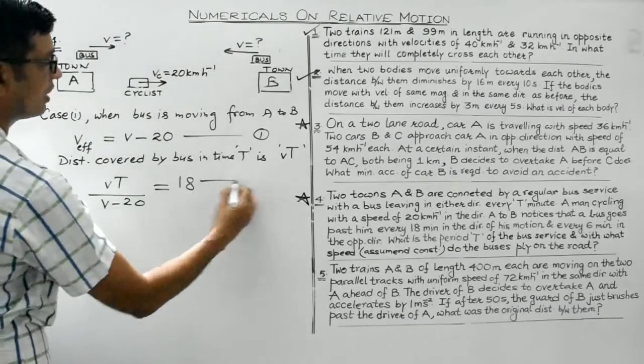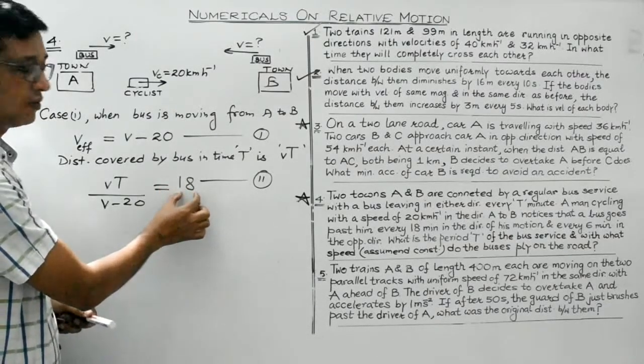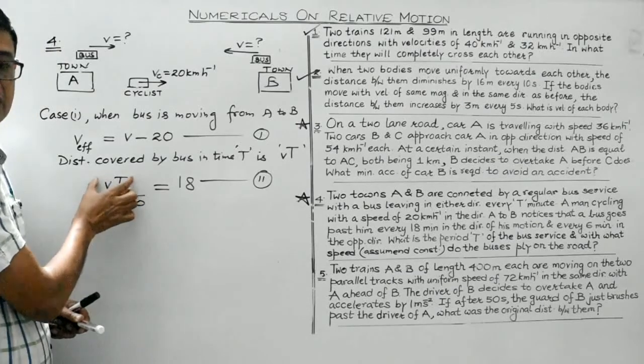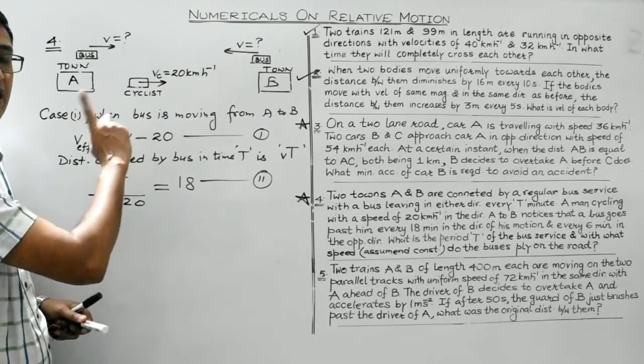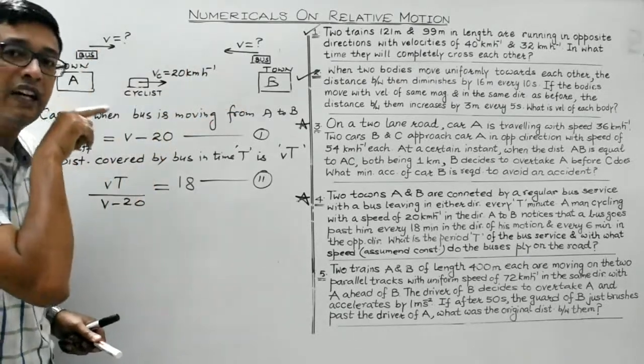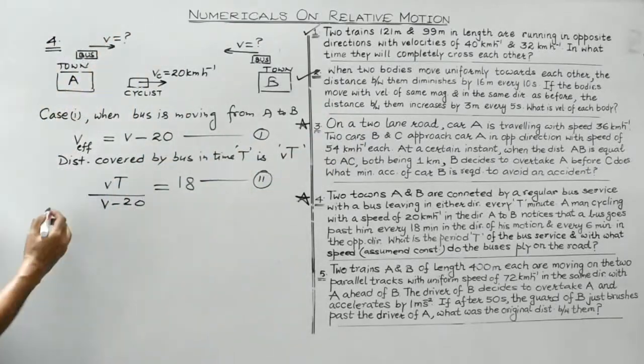So students, put this as equation number 2. I hope you have understood this concept. This is the time, this is the distance covered, this is the effective speed of the bus with respect to the cyclist when it is moving from city A to city B, that is along the direction of motion of the cyclist, right? Now case 2.